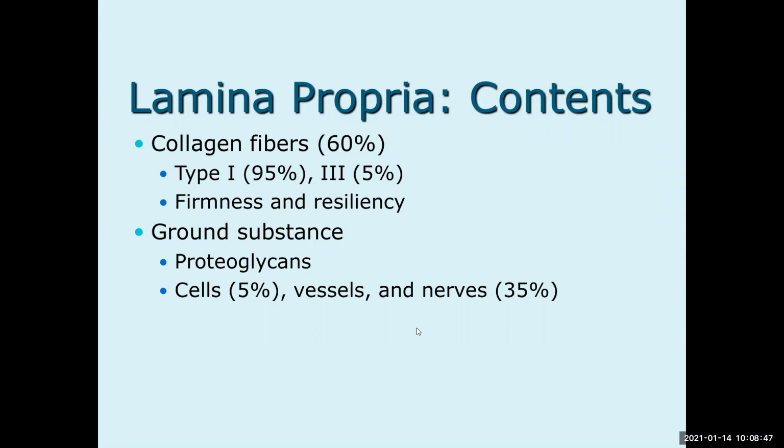So just know that there are different types of collagen. Most of them are type 1. Collagen fibers, 60% in the lamina propria. Ground substance, proteoglycans, okay, cells, vessels, and nerves.